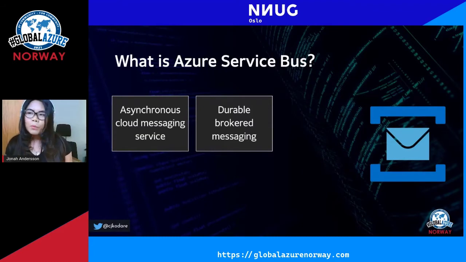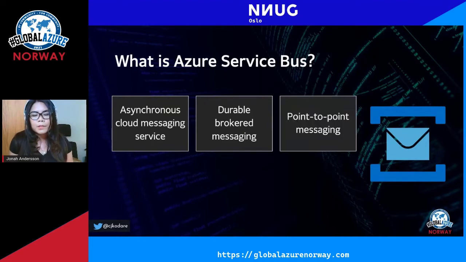Another example is when you're trying to sell a piece of property to someone, you have a broker. It's kind of like how Azure Service Bus can be used as a brokered messaging service.